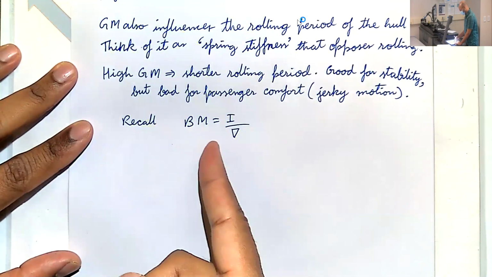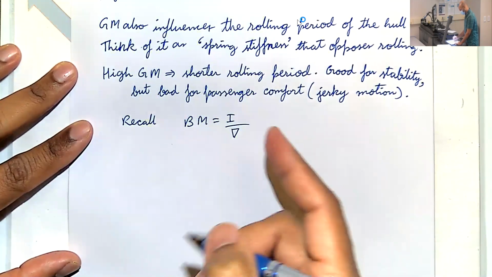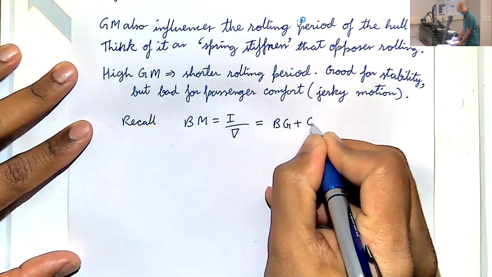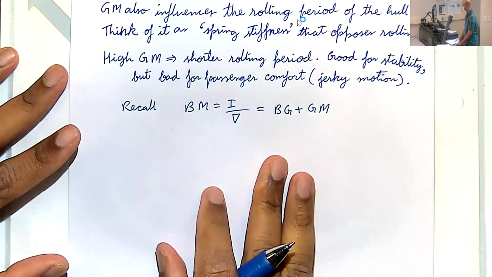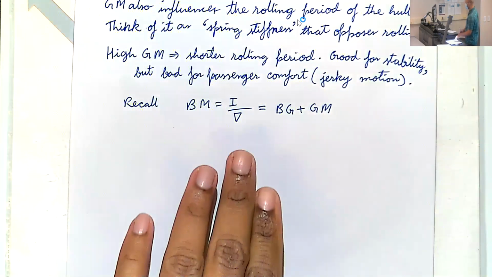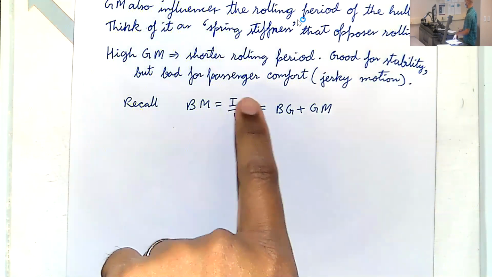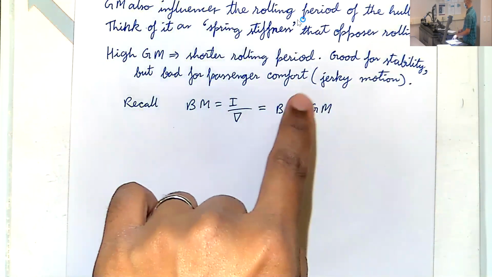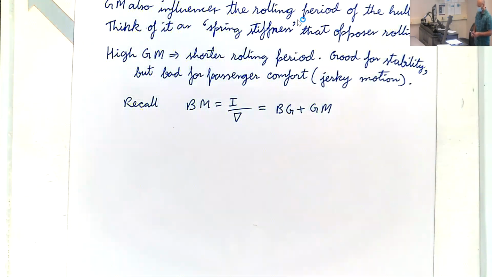I haven't showed you why, but let's assume that's true for the moment. And we also know this is equal to BG plus GM. And let's think about what happens when each of these terms changes. What happens to the GM, okay?